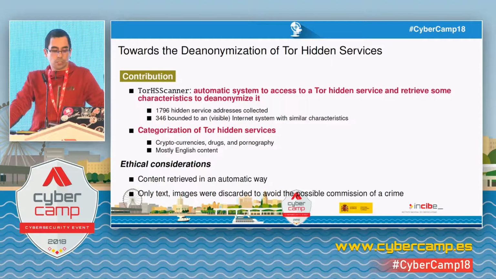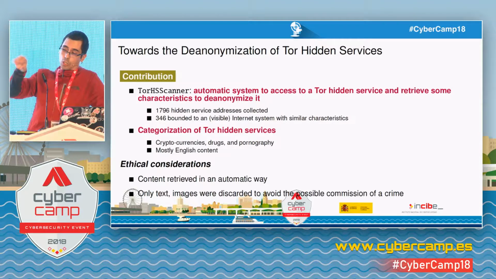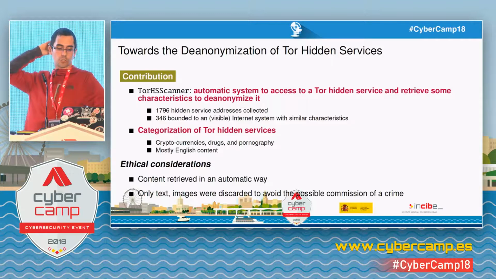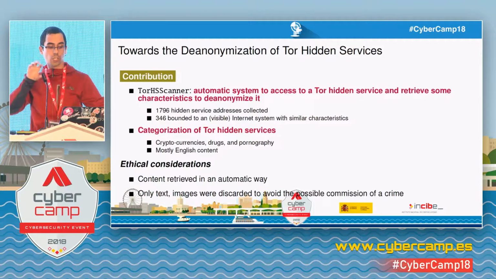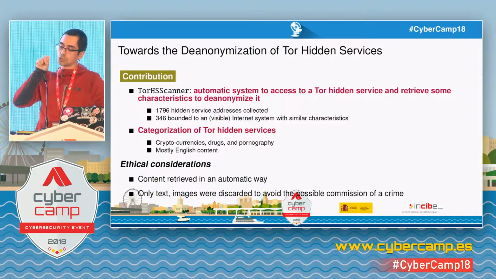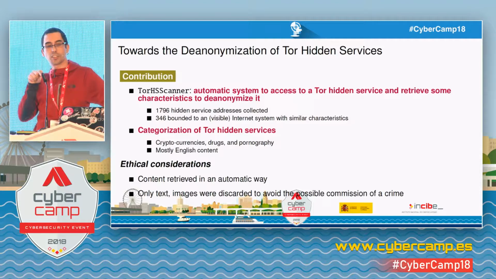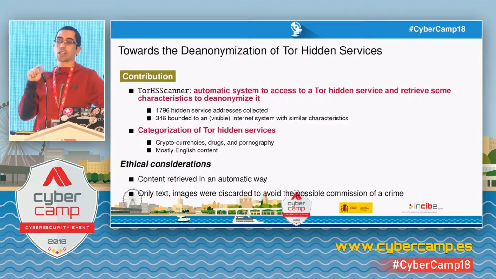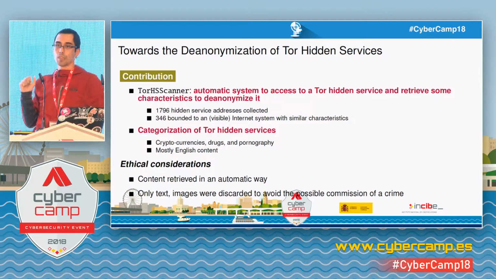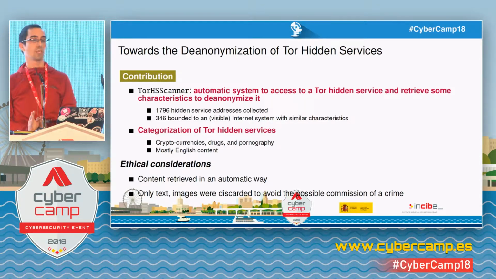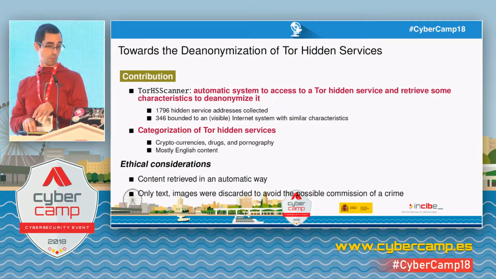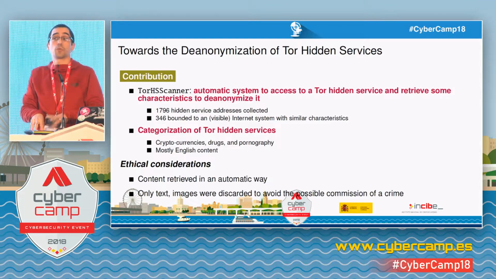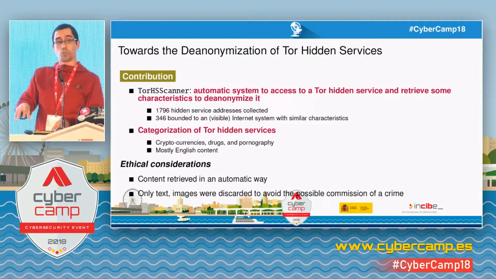We have recovered some 1,800 hidden service addresses, and now out of these collected addresses, we have succeeded in binding these hidden services to 346 devices available in the visible internet. And we managed to do that thanks to similar characteristics in them. So that does not mean that we have discovered 346 hidden services.